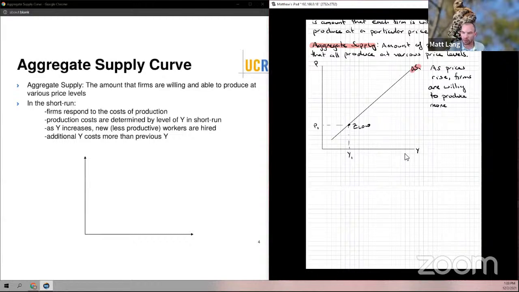Firms are only needing to charge P1, or whatever story you want to tell. If the price goes down to P1, firms are only going to produce Y1. But then if we go up to Y2, it must be that firms are able to charge P2, a high amount here, and go up to Z high, right? So increasing that price moves us along that AS curve.